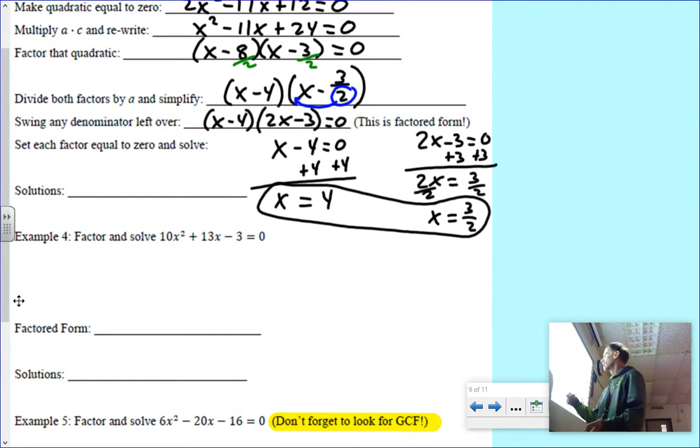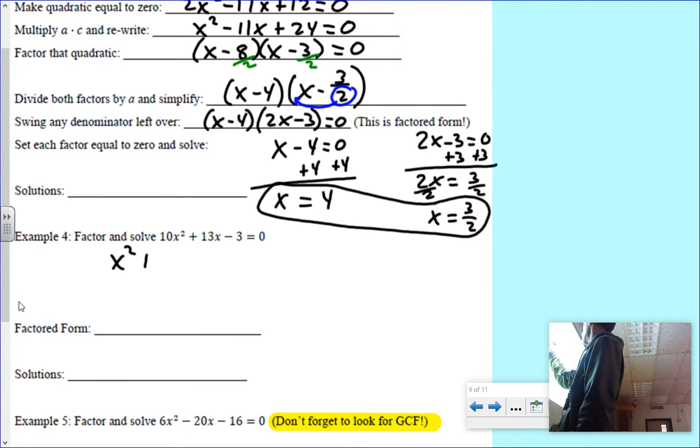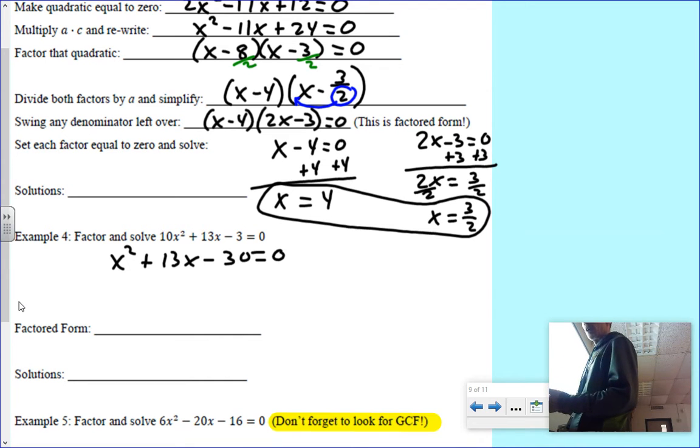Don't have to worry about that. I'm going to multiply the a times the c and rewrite as x squared plus 13x minus 30 equals 0. Be careful on your factors on this one. What multiplies to negative 30 and adds to positive 13? That'll be positive 15 and negative 2.